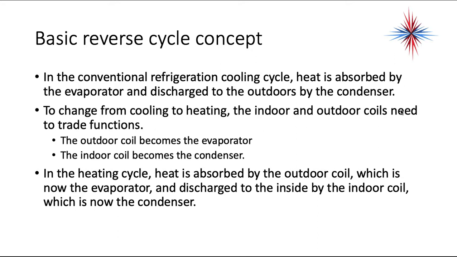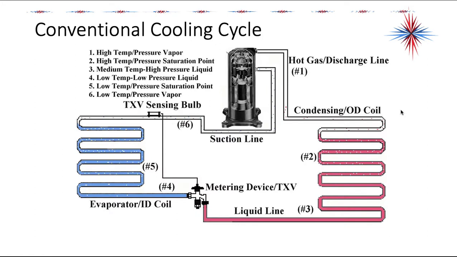In the heating cycle, heat is absorbed by the outdoor coil, which is now the evaporator, and it's discharged to the inside by the indoor coil, which is now the condenser. Remember, all we need for heat to move is a warmer area and a colder area. Heat will always move from hot to cold.